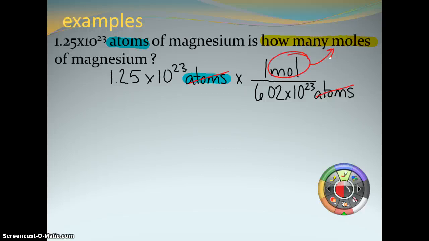Sig figs, you're going to need 3 in this case. So our answer is 0.208 mole.